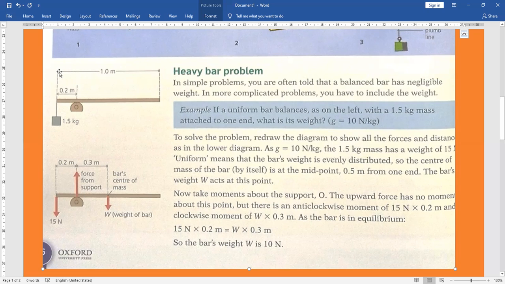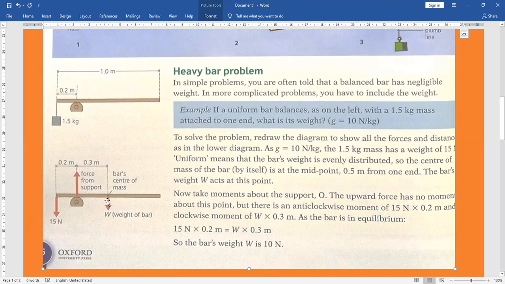Now this value is 1. If we make it half, it will be 0.5, and from 0.5 we subtract 0.2, so this will be the answer of 0.3.